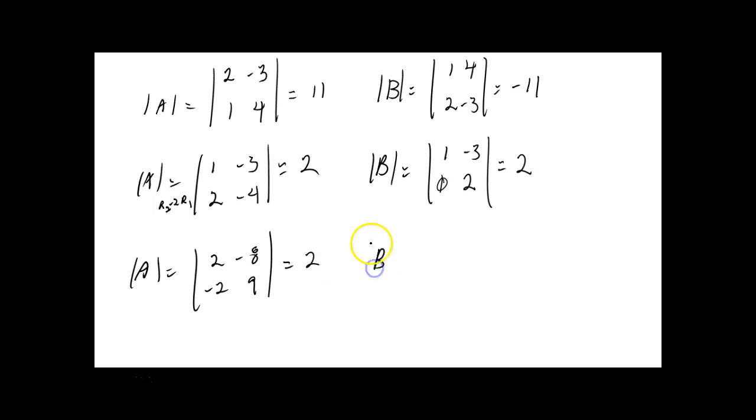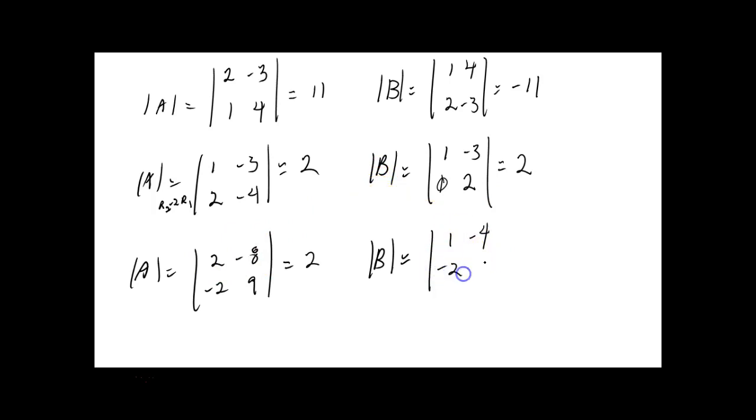Now, we're going to do something to this. That first row, what would be a logical thing to do to that first row? Divide by 2. So let's divide by 2. 1, negative 4, right?